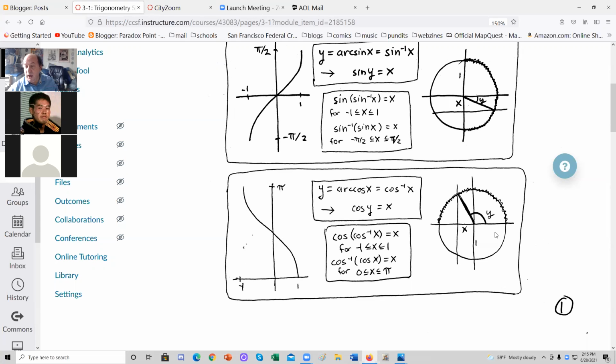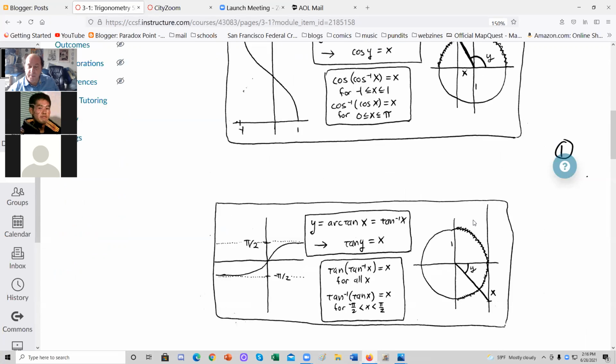Here's how we do it. We take the unit circle, and to find arc cosine of x, we go a distance x along the x-axis, in this case negative, and we draw a vertical line and see where it meets the upper half of the circle. And so this angle here is the arc cosine.